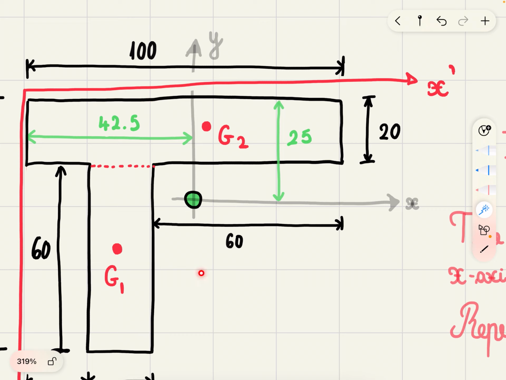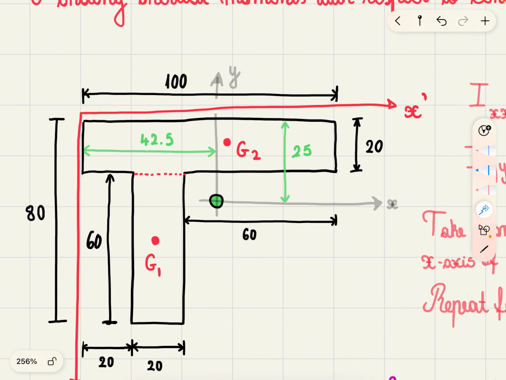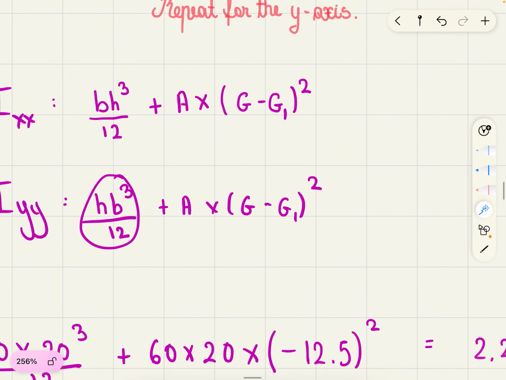So now we do 50 minus 42.5, and that's going to give us 7.5, the distance between the two. Now, from G to G2 is going in the positive direction, so it's plus 7.5.